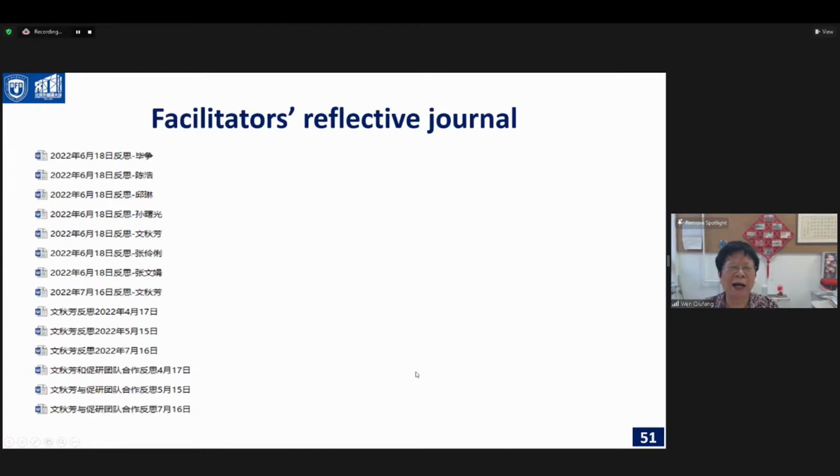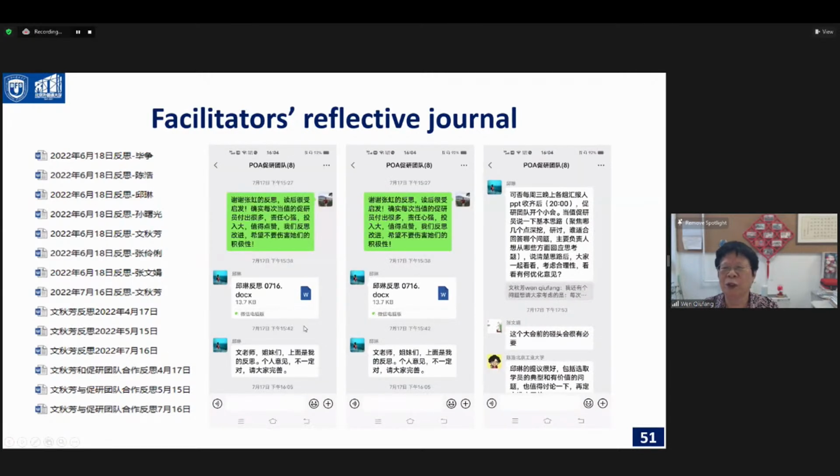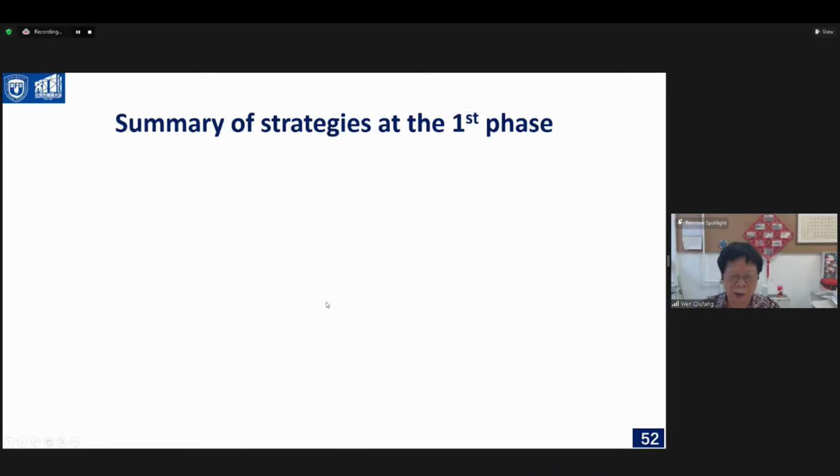Okay, we also have facilitators' journals. Of course, these journals are not shared with the teachers, just among ourselves. And we also have WeChat after each formal gathering, to see if there is any room for further improvement. Now, a summary of the strategies.